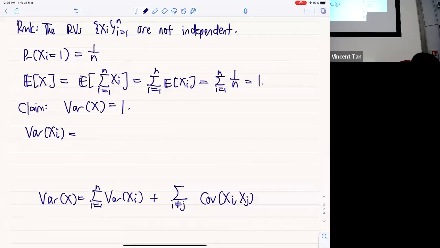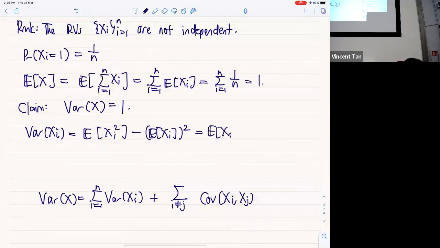Well, Xi is a Bernoulli random variable. So its variance is the expectation of Xi squared minus the expectation value of Xi, quantity squared. Okay, because this is nothing but a 1-0 random variable, so Xi squared has the same distribution as just Xi. You don't need to square it.